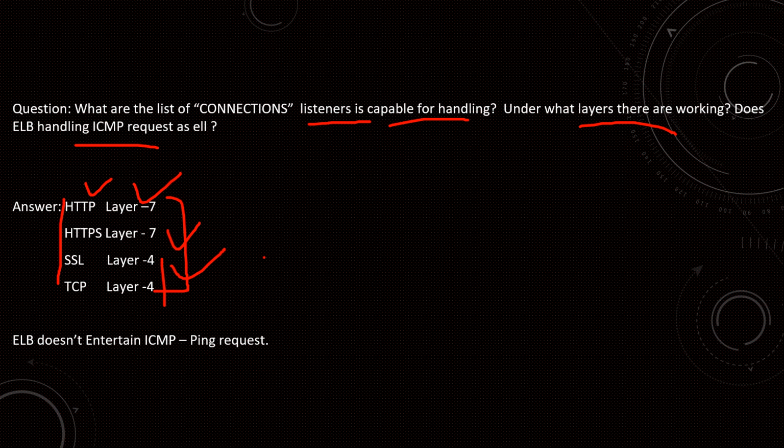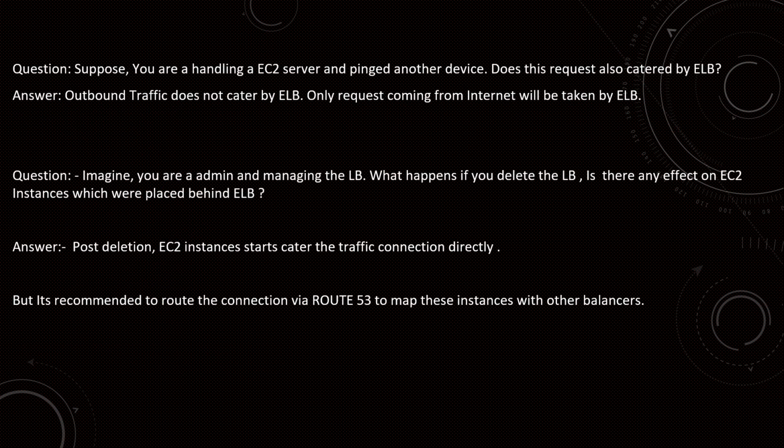I hope you got it. Coming to the next slide, next question. Yes, this is a scenario based question. Suppose you are handling EC2 servers and ping another server, right? Does this request also get catered by ELB? Yes, this is the same question I just discussed. Outbound traffic is not catered by ELB, right?